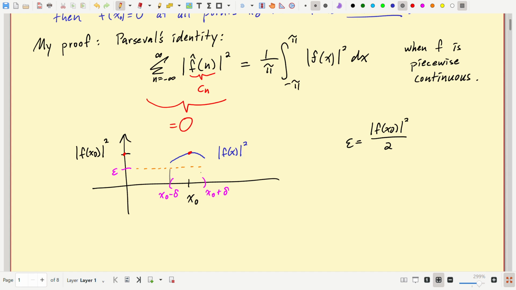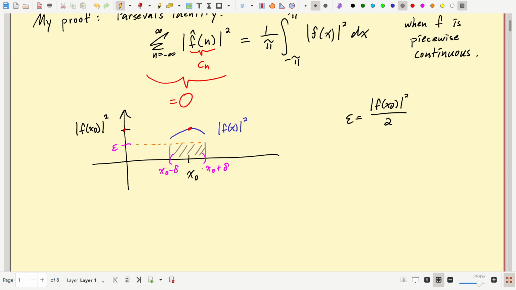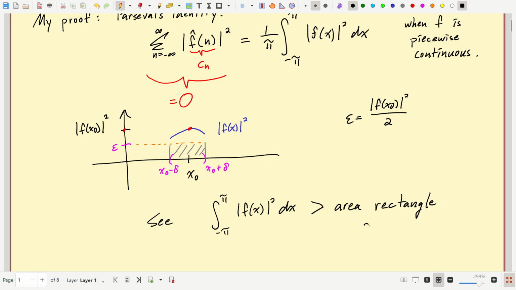The rectangle would be underneath, and that would show that the integral from -π to π of f(x) squared dx would be greater than the area of that rectangle. That area would be 2 delta times epsilon, which is greater than 0, and that's a contradiction, since we're assuming the sum on the left side is equal to 0.